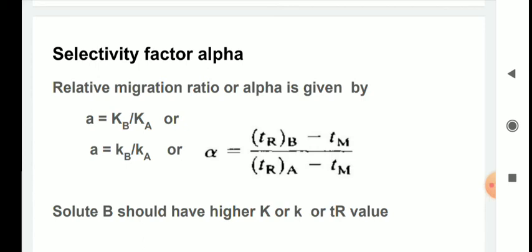So it's obvious that if the K values are different, the alpha value will be more than 1.